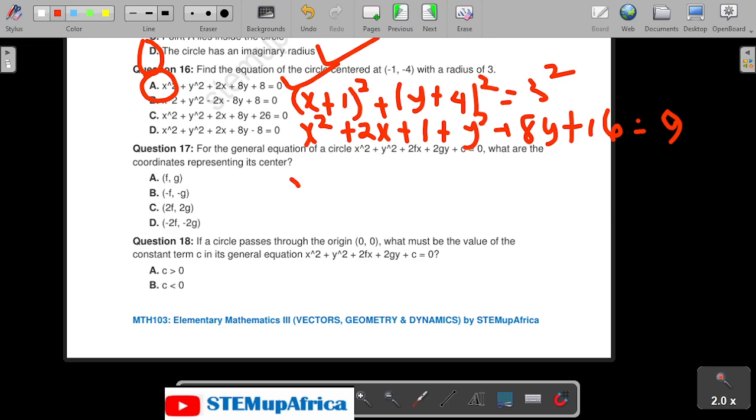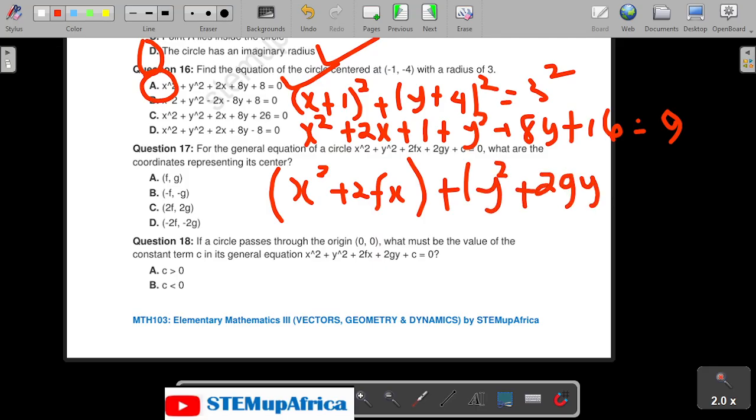So we have x squared plus 2fx plus y squared plus 2gy equals minus c. Taking half, I'm going to have the center as minus f and minus g.